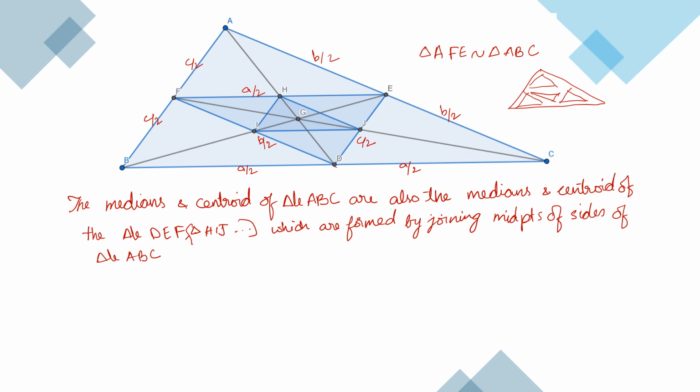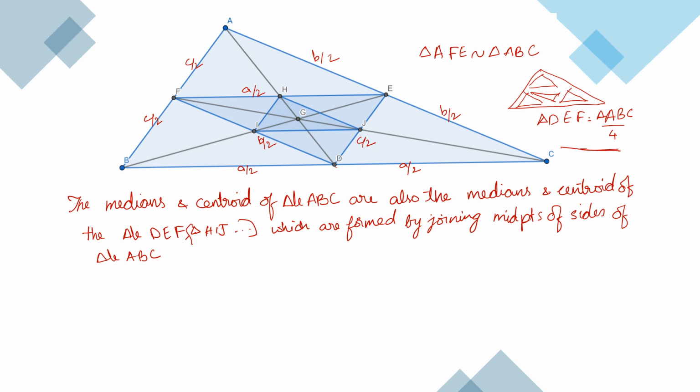And so the area of triangle DEF will be 1/4 of the area of triangle ABC, right?